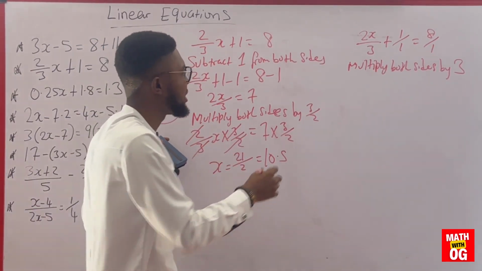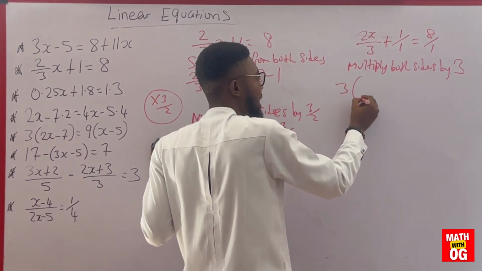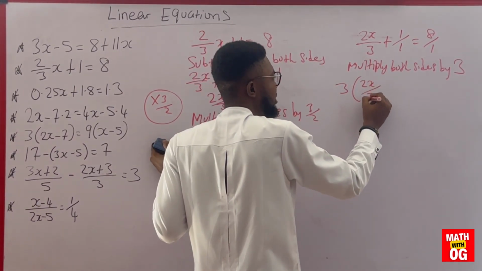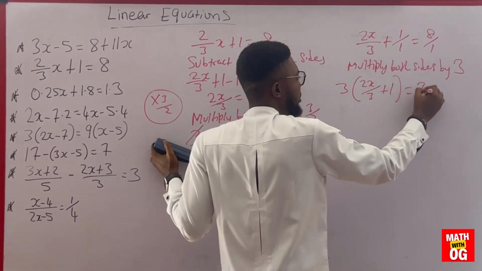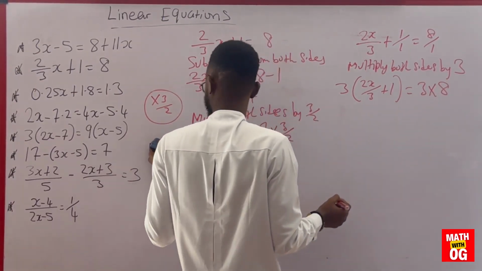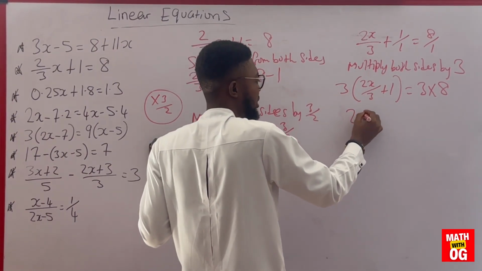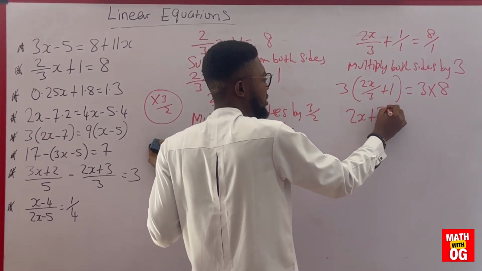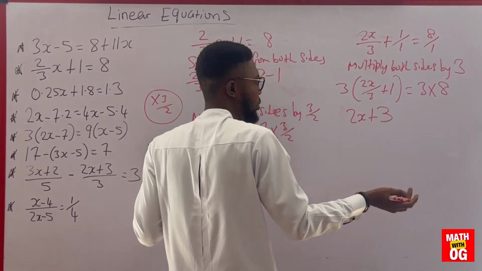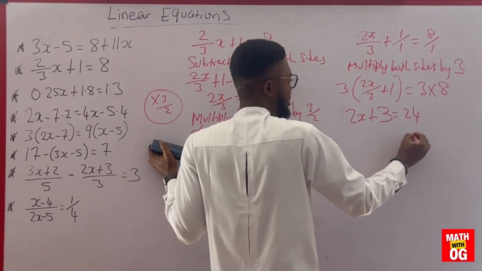So now that I've done that, it means that 3 will multiply the left hand side, which is 2x over 3 plus 1, and 3 will also multiply the right hand side. So 3 multiplying 2x over 3, 3 cancels 3, we'll be left with 2x plus 3 multiplying 1, this will give us 3. I believe by now we know how to expand. That is equal to 24.